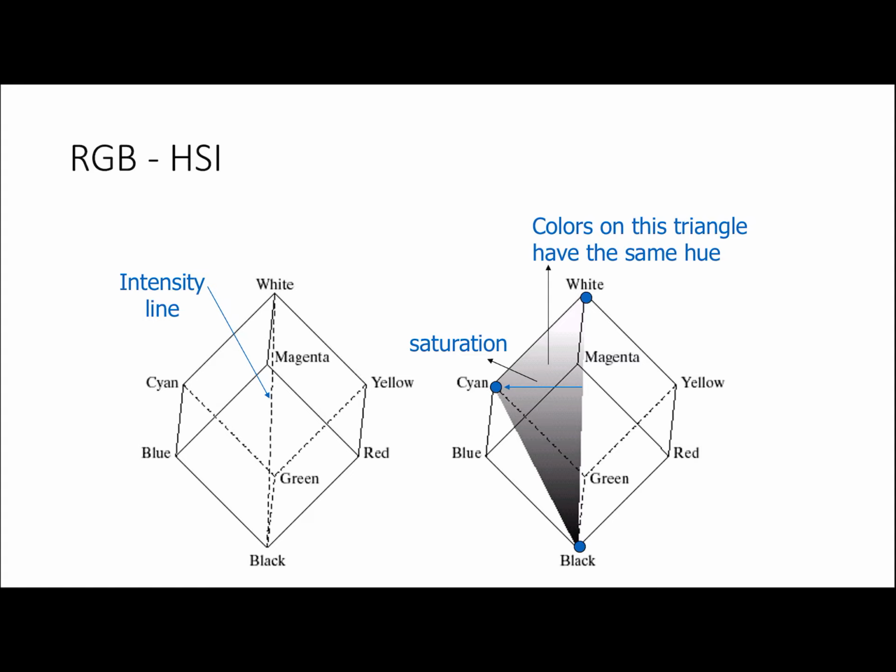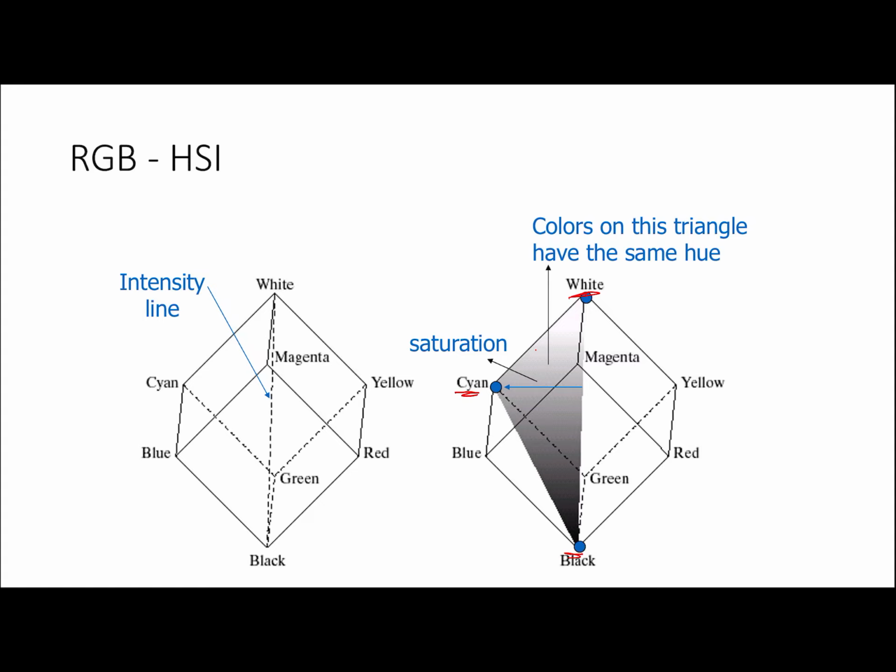Now you can see in this diagram we have shown a plane passing through these points black, white and cyan.